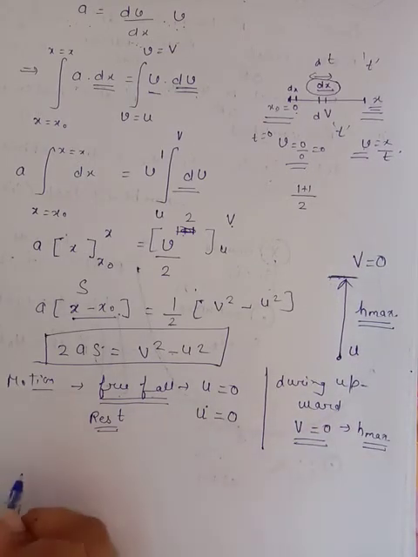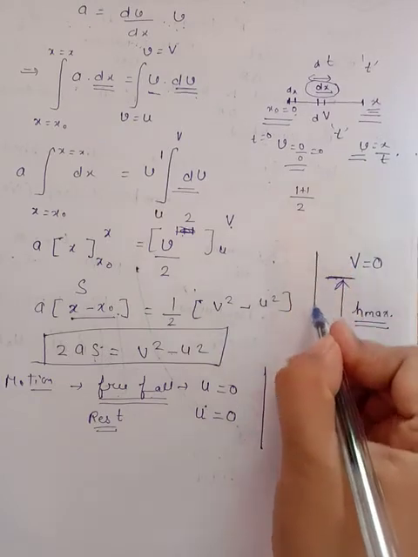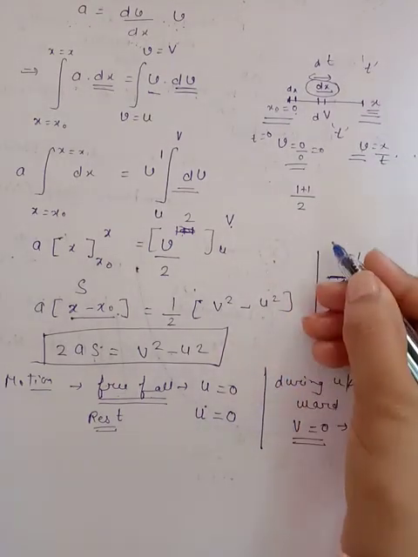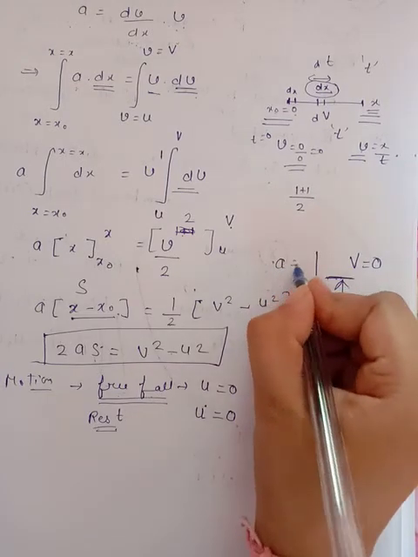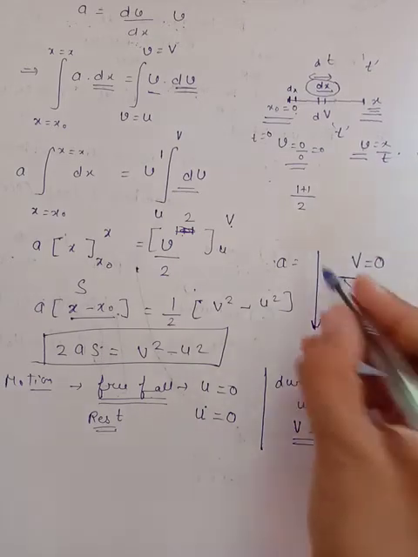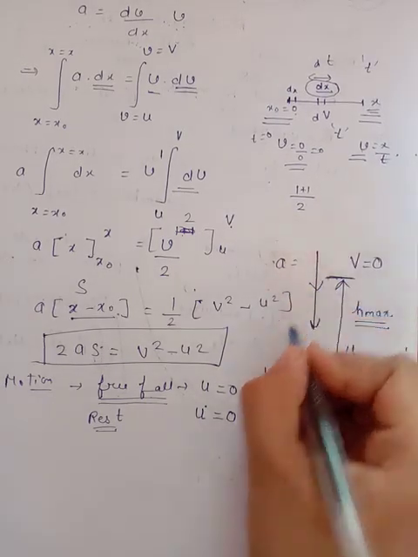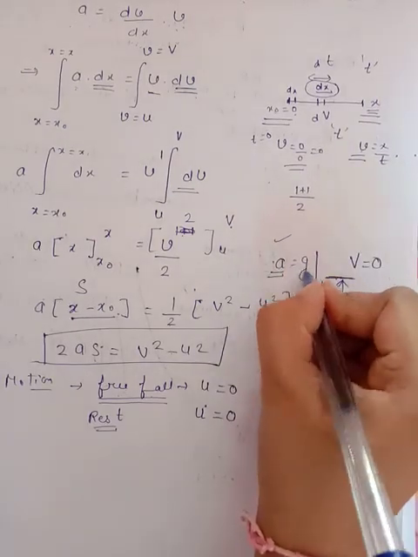Here is one more important point: when we throw the body vertically downward, then the acceleration is, as the effect of gravity, the gravity is a downward pull, so the acceleration of the object is also downward. So we can say that at that point the acceleration of the object is equal to g.